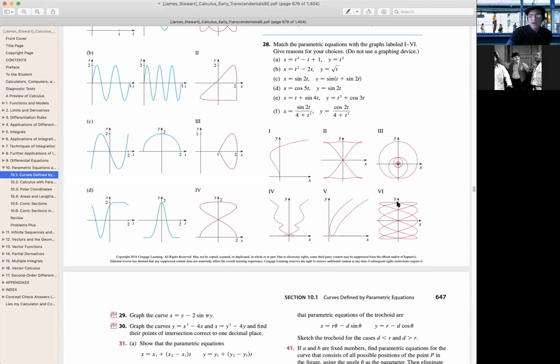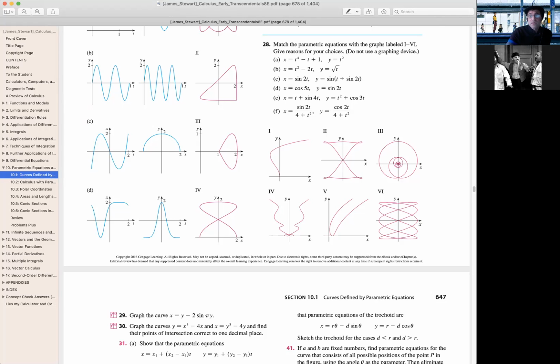And if you look at graph number 6, you see it crosses the y-axis 2, 4, 6, 8, 10 times. So therefore, equation D should correspond to graph number 6. And then by process of elimination, you're left with equation C, which is harder to understand as being closely related, which should match up with graph number 2. So there you go.